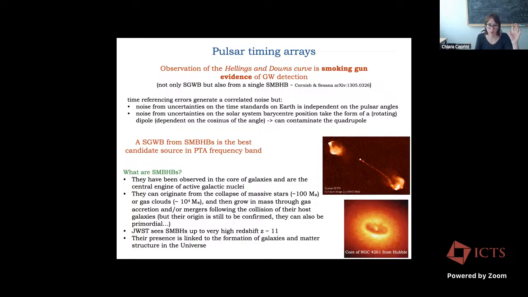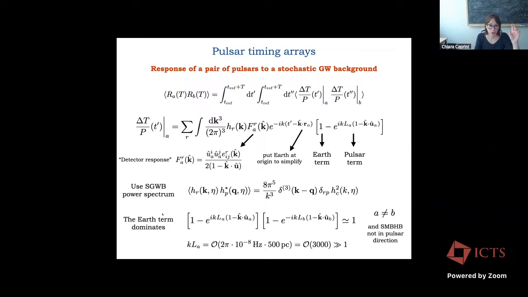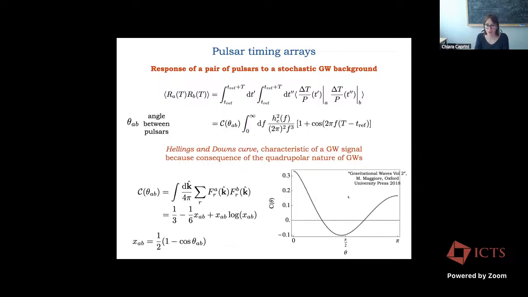So either one assumes that there is a gravitational power spectrum that is homogeneous and isotropic, and one has a pair of pulsars, but one can also obtain the same cross correlation, and this is logical, with just one source of gravitational waves and averaging over many pulsars uniformly distributed in the sky. Okay, so because this is just a smoking gun of the fact that one has a gravitational wave signal.